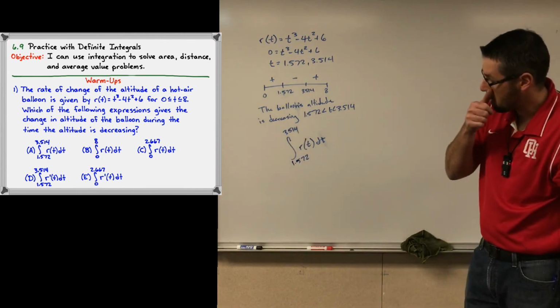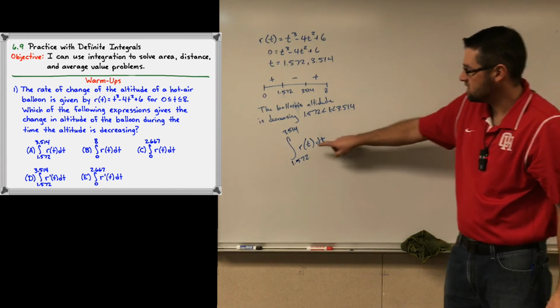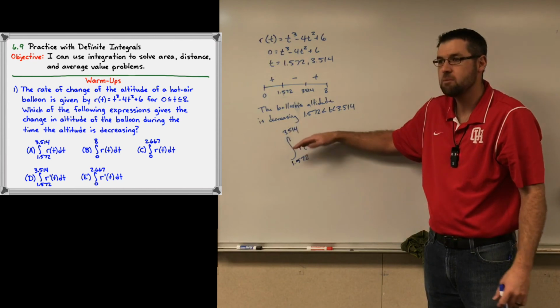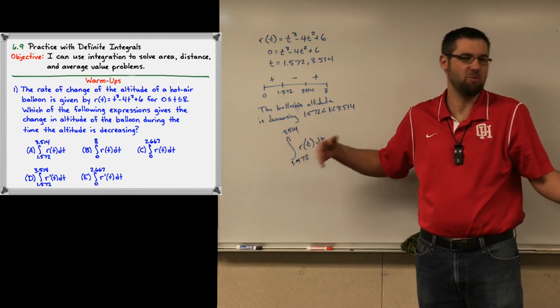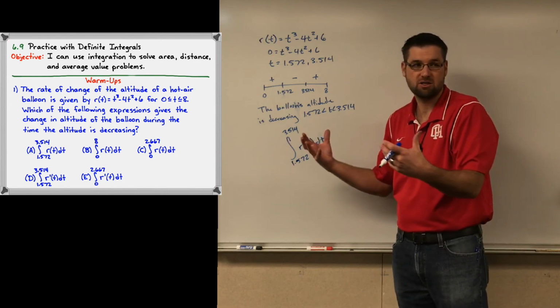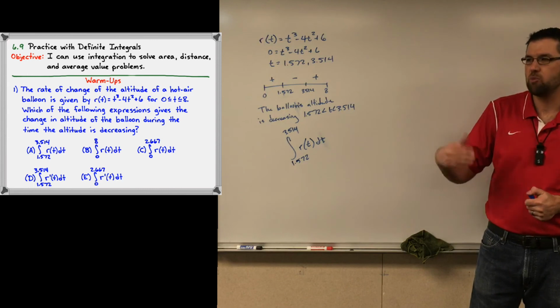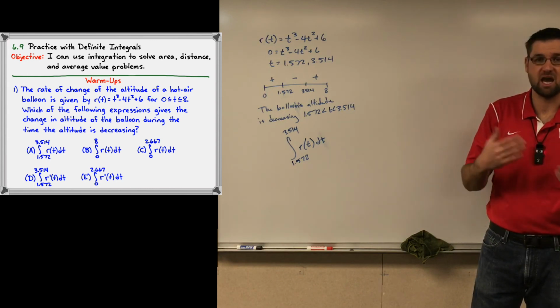Notice it's not r prime, it's r, because r is already the rate. It's already the derivative, in a sense. Does that make sense? So r prime is like the acceleration.